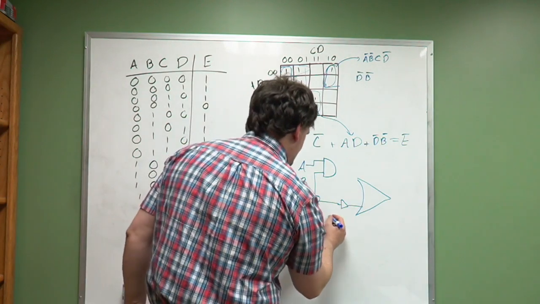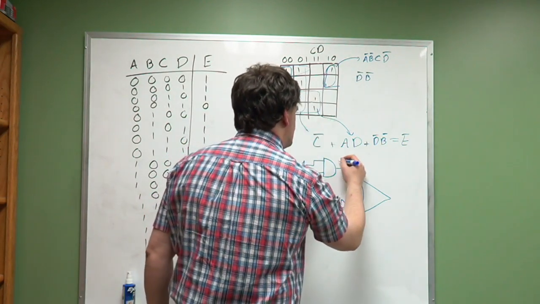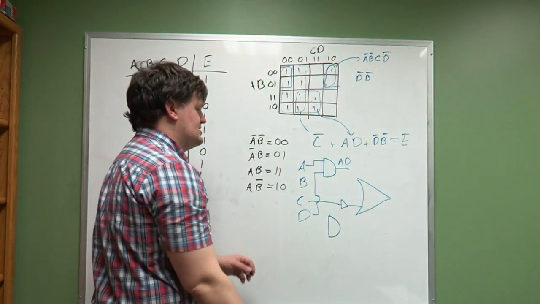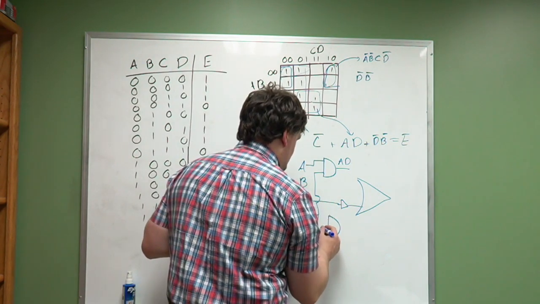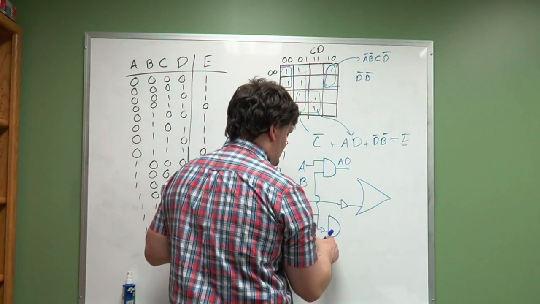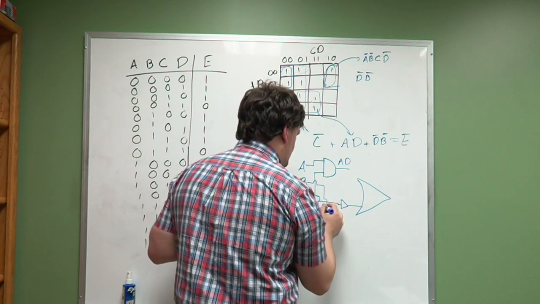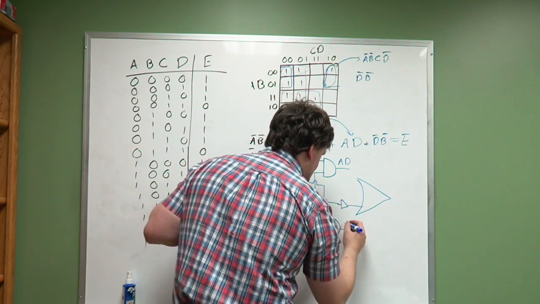Here, another gate down here. Now we need one for B not, B not. Okay, I'll take this one, not gate. This one, jump on this wire, go into this output.